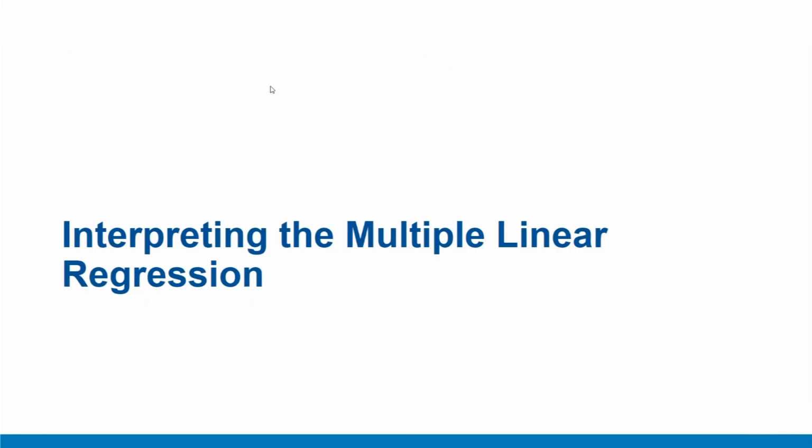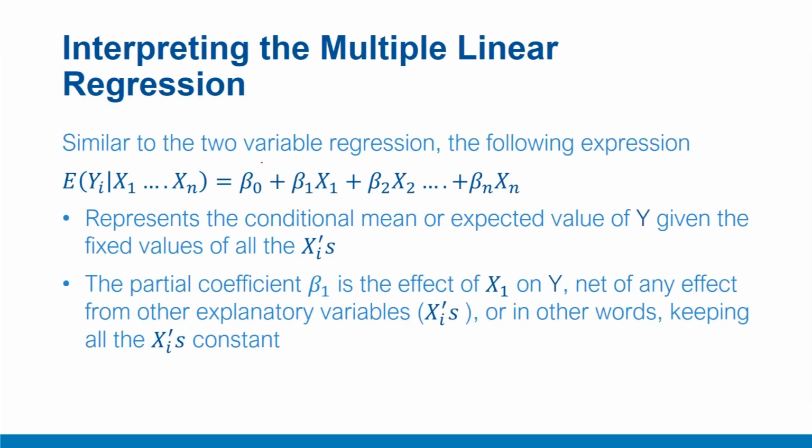In this video, we'll understand the interpretation of various aspects of the multiple linear regression algorithm. Similar to our understanding of the two variable or bivariate regression model, this expression here represents the conditional mean or expected value of y given the values of x1, x2 and xn and so on. This is very similar to the expression that we saw earlier, expected value of y given x.